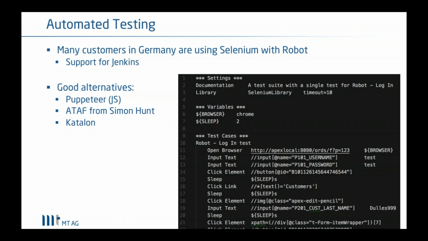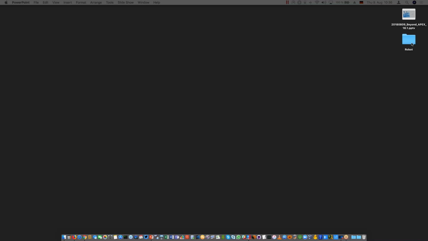So you can use Selenium with Robot for that, and it also supports Jenkins to automate this process too. You don't have to do it manually, and I can give you a small demo of that, which I've run on my laptop. So let me have a look.